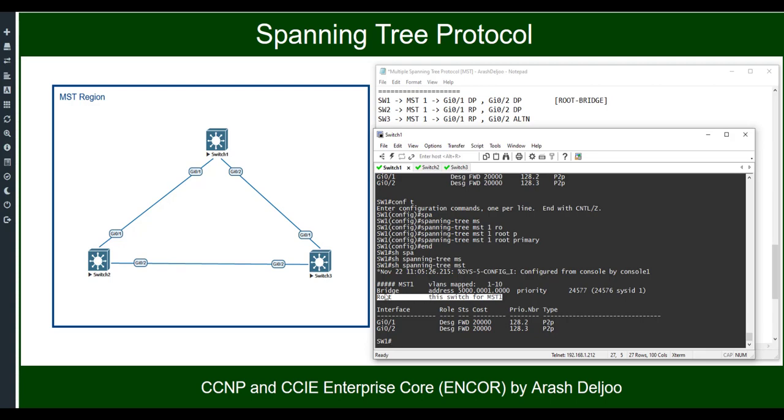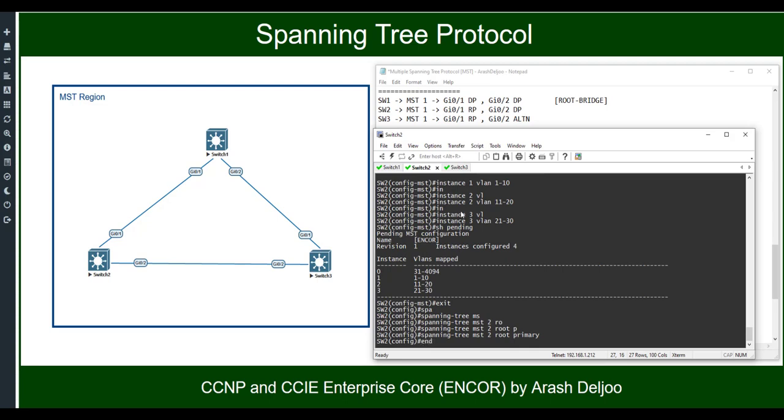This is the BID, or the MAC address of switch 1, and this is the priority: 24,576 plus 1, the MST instance number. Gigabit 0/1 and 0/2, both of them are designated ports. The state of both of them is forwarding, and the cost, according to the long path cost method, is 20,000. And here we have other information.